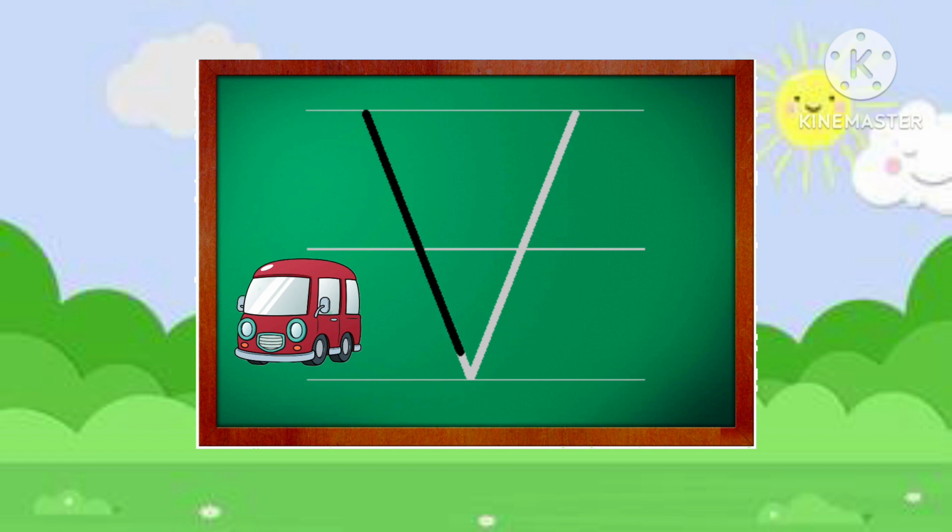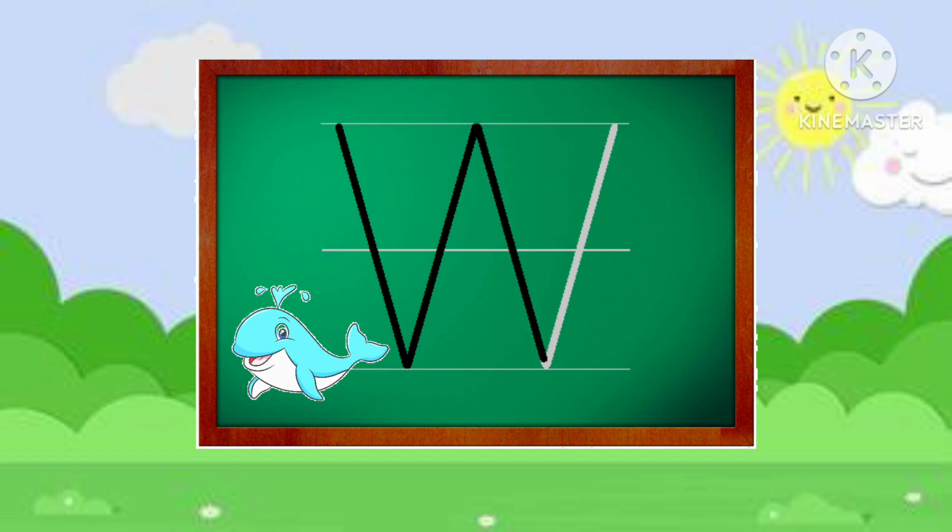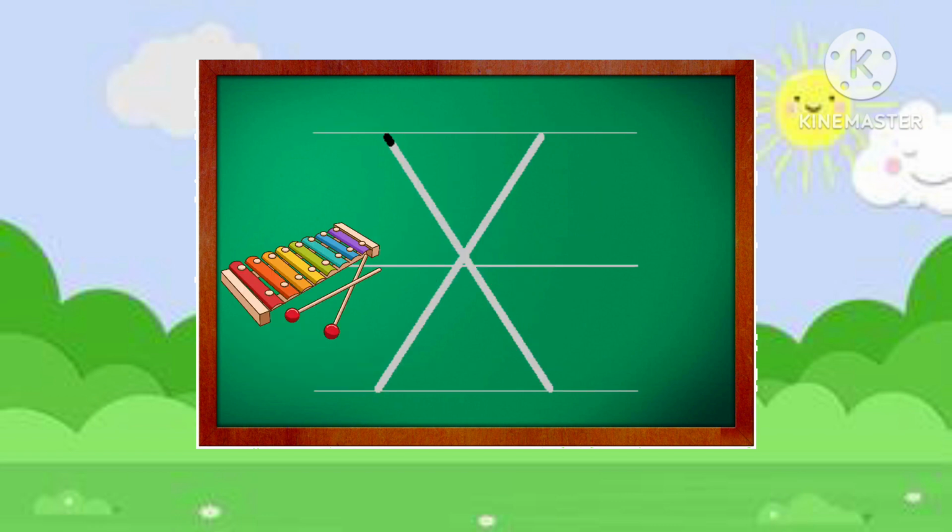V for van. Slanting line, then at the end one more slanting line going up. It's V for van. W for whale. Make V, then join one more V. It's W for whale.